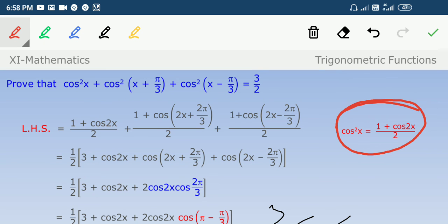And how did I get this formula? I got this formula from the formula for cos 2x. Actually we have studied that cos 2 theta equals 2 cos square theta minus 1. So from this formula you can make another formula, that is cos square x equals 1 plus cos 2x by 2.